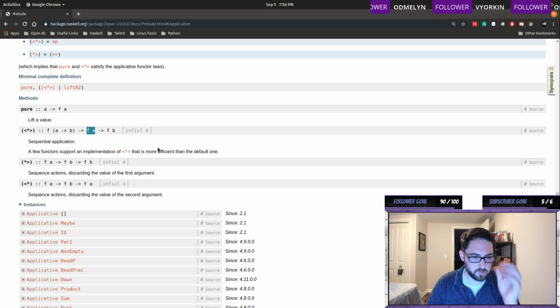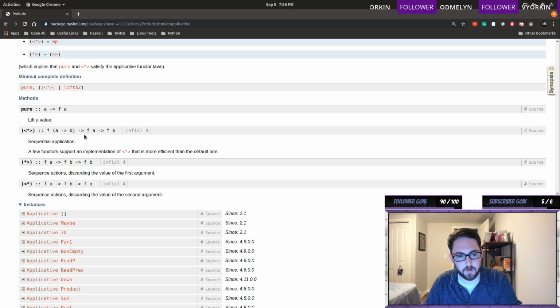Okay, so what's the correct order? The correct order is I need to get the A from the first state, transform it, and then embed it in a new state, right?